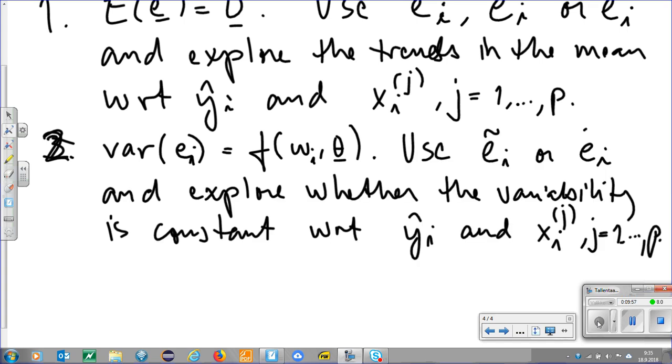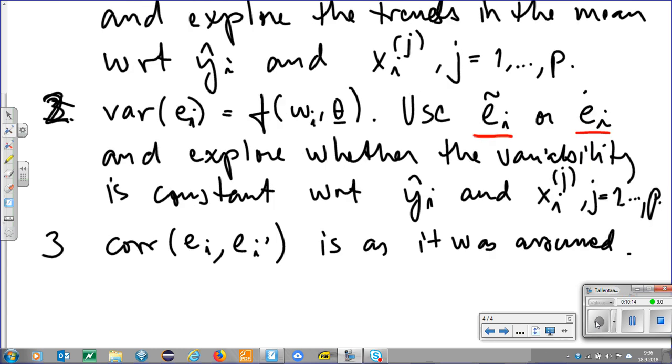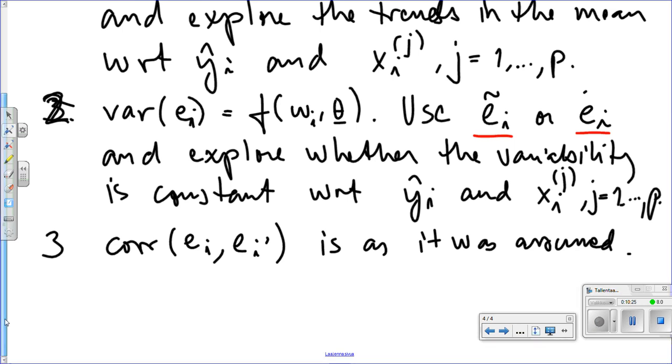In this case, you can use either the Pearson residuals or normalized residuals, but we cannot use the raw residuals, and you should explore whether the variability is constant with respect to fitted value or predictors. And the third thing we need to explore is whether the correlation between e_i and e_i' is as it was assumed. So, for example, in the AR1 case, it follows the AR1 process.